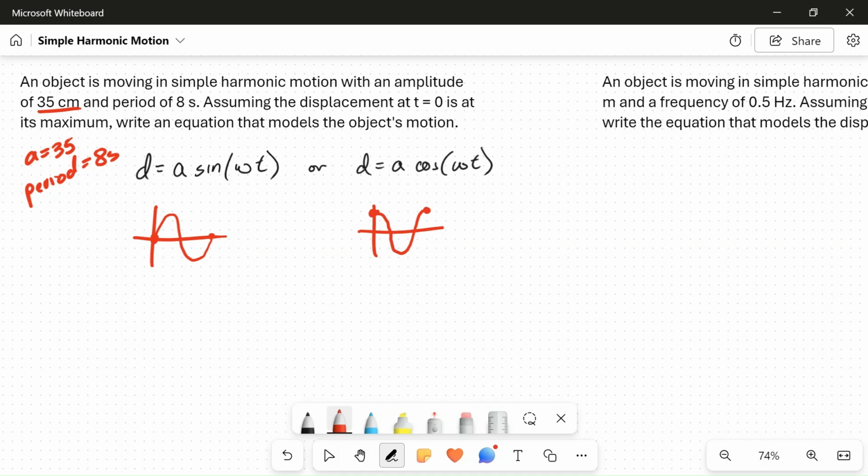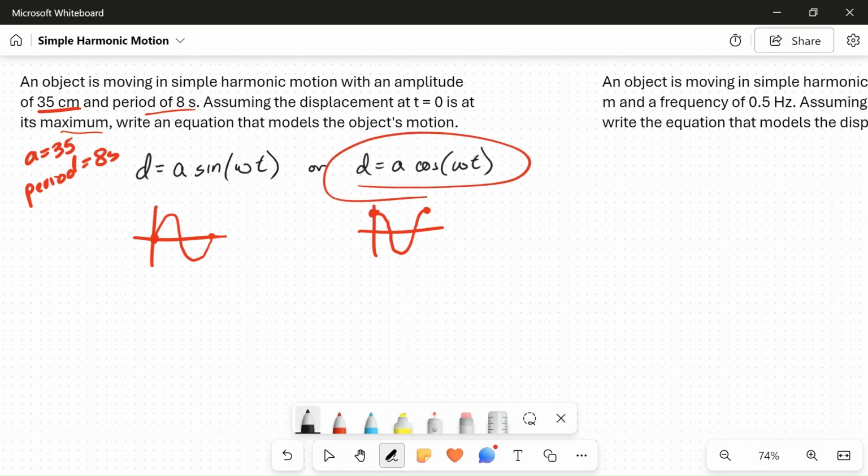Are we starting at the midline, at equilibrium, or starting at a maximum? We're told we are starting at a maximum, so we're going to use the cosine in this example.